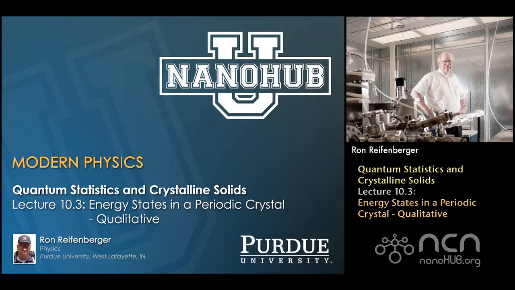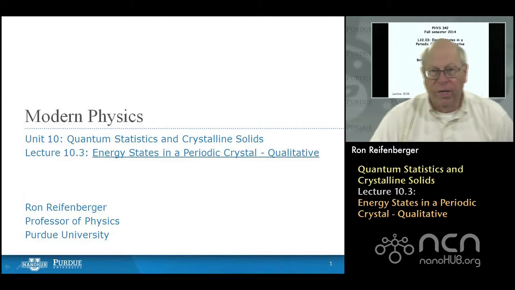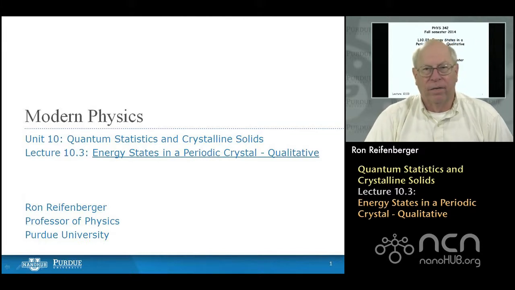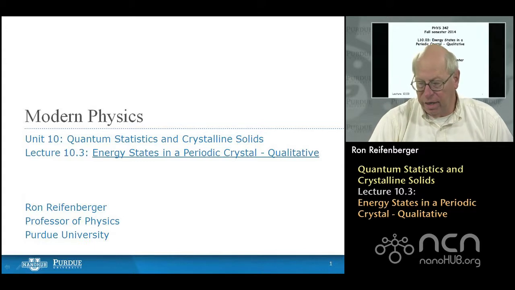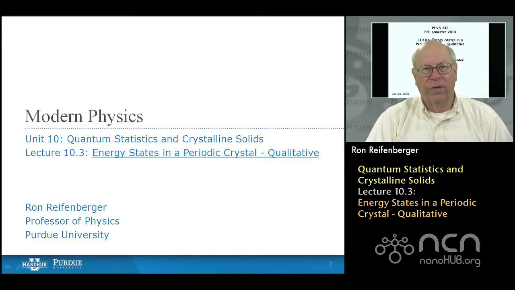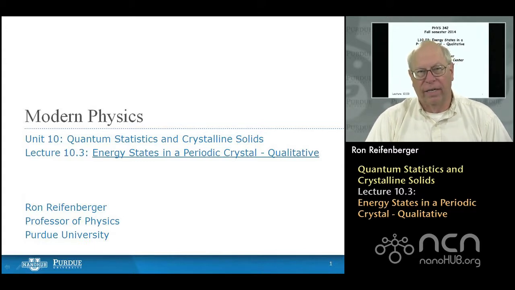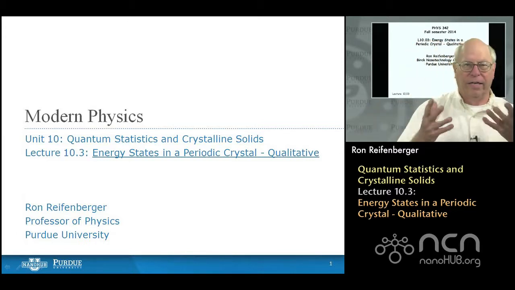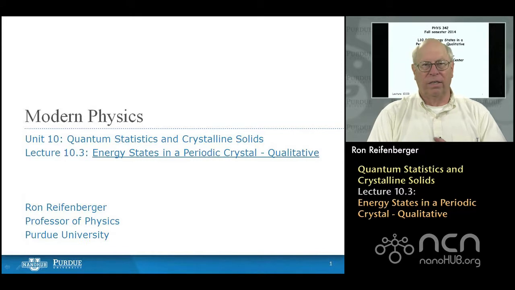NanoHub U, online instruction. In this lecture, we'd like to begin a sequence of lectures which discuss the nature of the electron energy states that are present when you bring together a collection of, let's say, 10 to 20-some atoms.